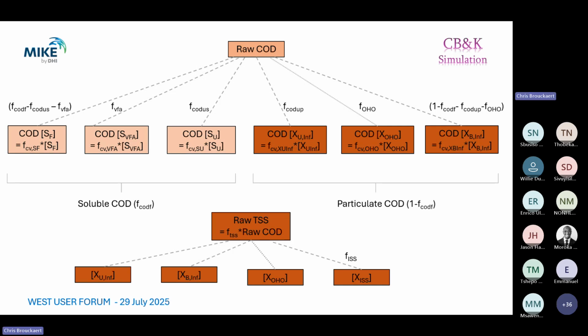Where do they end up? And so the diagram shows a fractionation scheme for COD and for TSS at the bottom. And the same goes for nitrogen and phosphate and sulfur and whatever that you might be interested in. So the model can't work directly with the raw measurements.